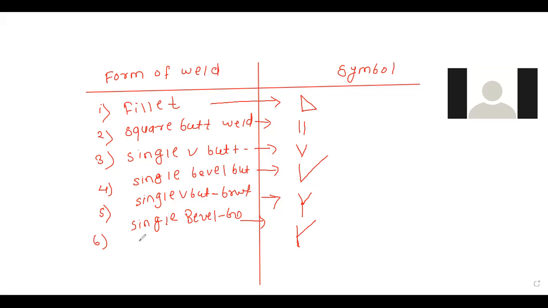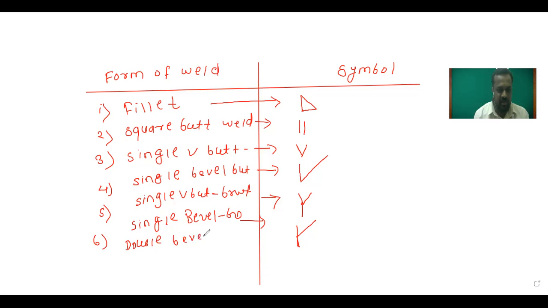Then I think one joint is remaining. Double bevel, if such a condition will be there. Double bevel butt joints. Then what will be the symbol? Anybody, any idea?